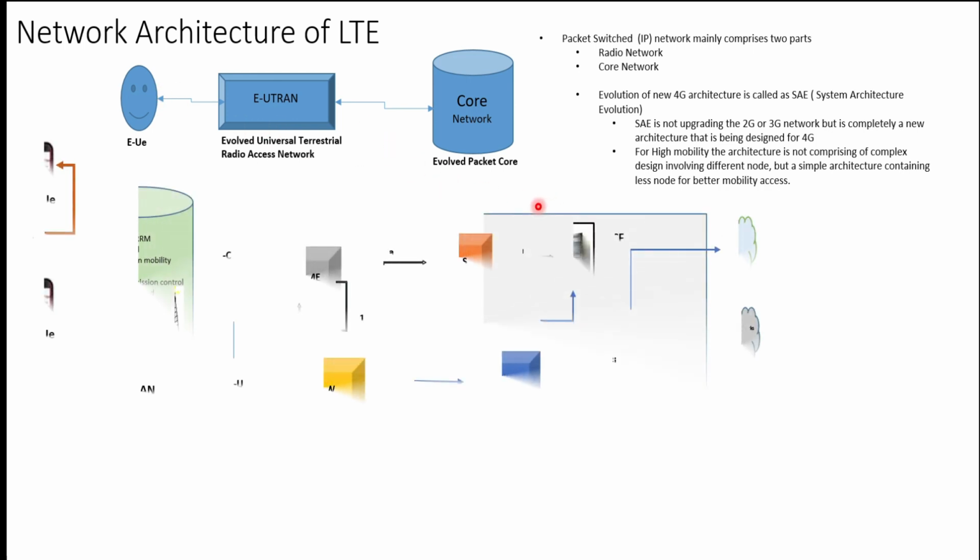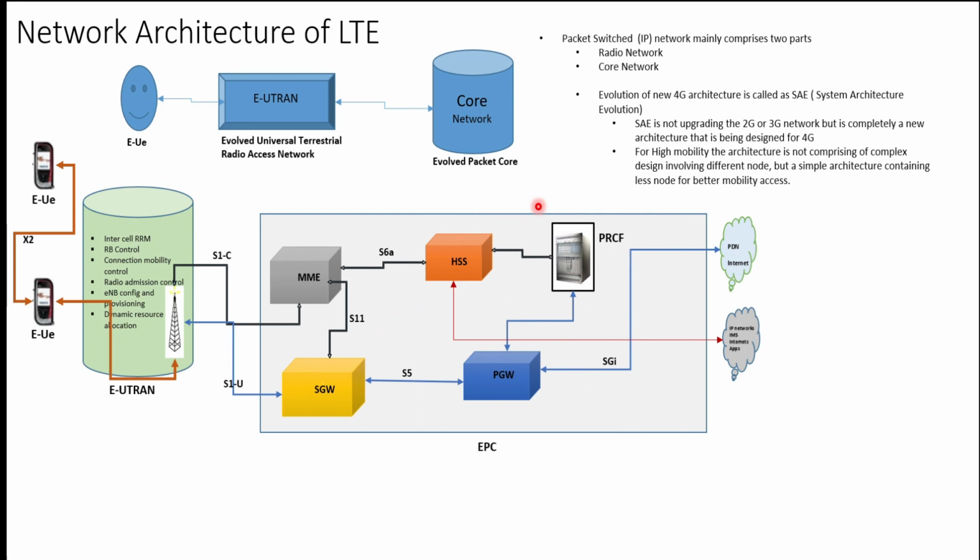Now coming back to the actual LTE architecture. Here we see two different EUs, the evolved user equipment, connected to the EUTRAN network, and the other one is the EPC network. In the EUTRAN network, what are the network elements integrated within?